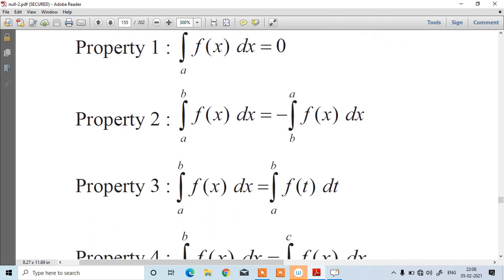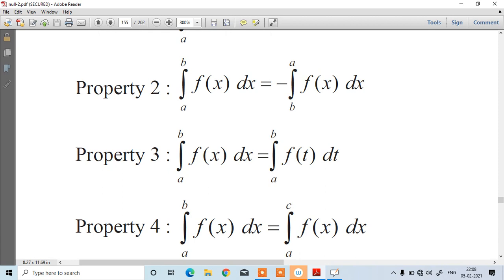Then see property number 3. Now if you want to evaluate the integration from a to b of f of x dx, and you change the variable x to t, then the value of the integration remains the same.